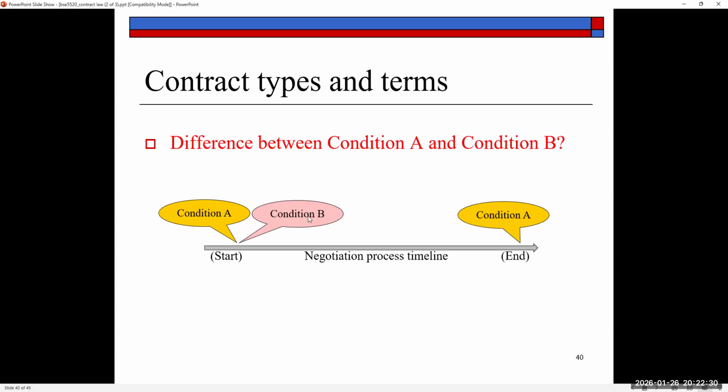Then this statement saying the car is in blue color is a misrepresentation, which is not true. But the party relying on that statement, believing that the car is in blue color, and then signing the contract, then that is a misrepresentation. Okay?